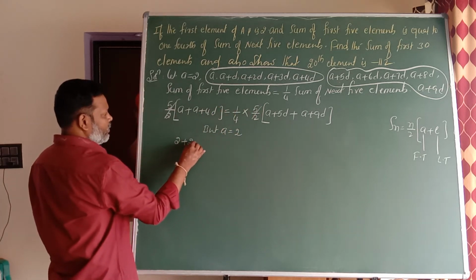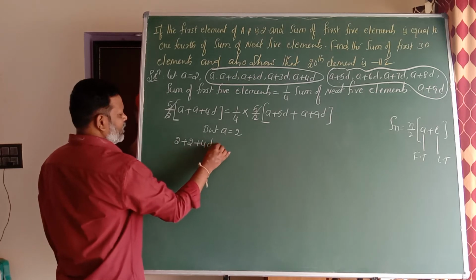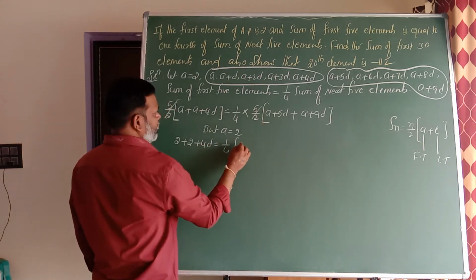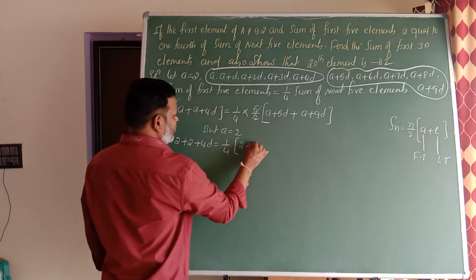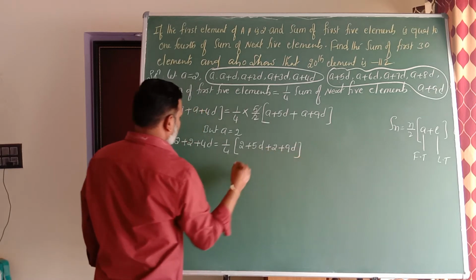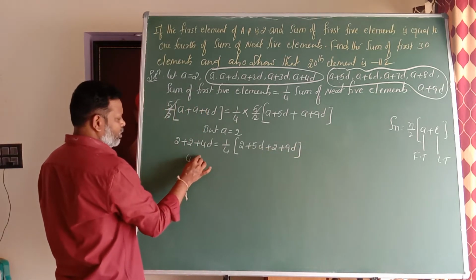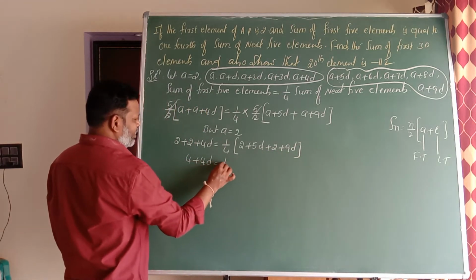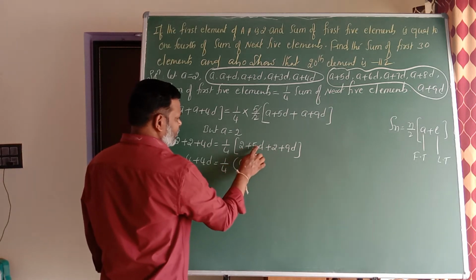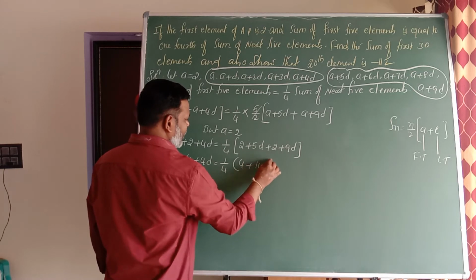So A is 2. 2 plus 2 plus 4D is equal to 1 by 4 times of 2 plus 5D plus 2 plus 9D. I can write 2 plus 2 is 4. 4 plus 4D is equal to 1 by 4 times of 2 plus 2 is 4, plus 5D plus 9D is 14D.